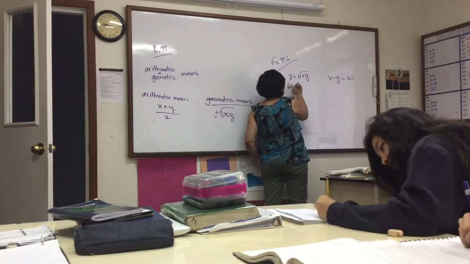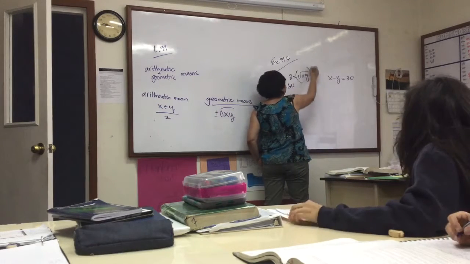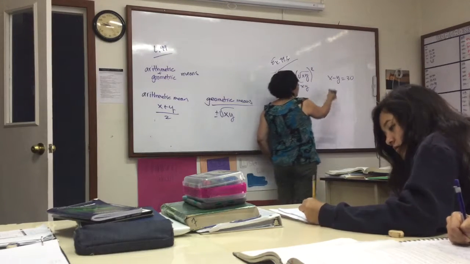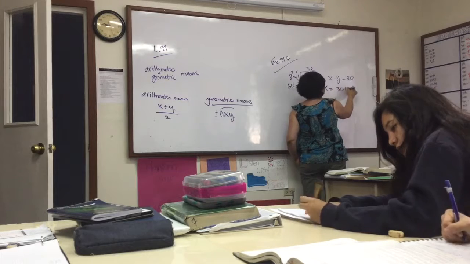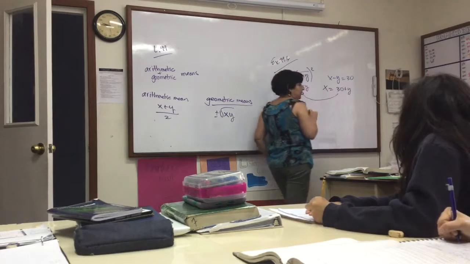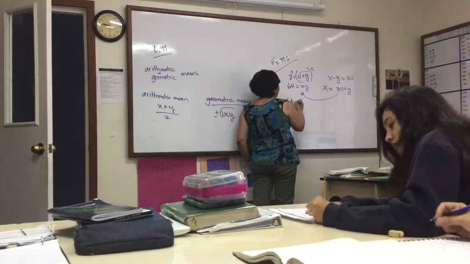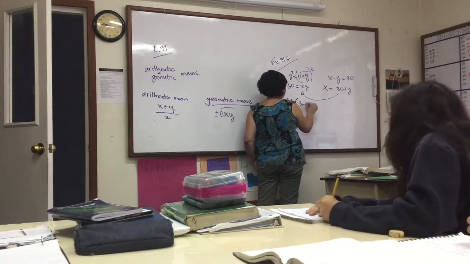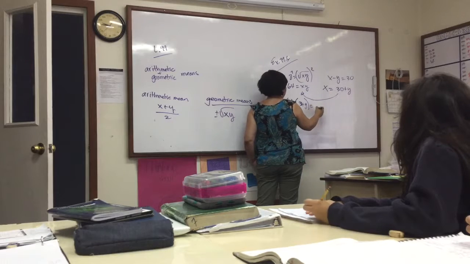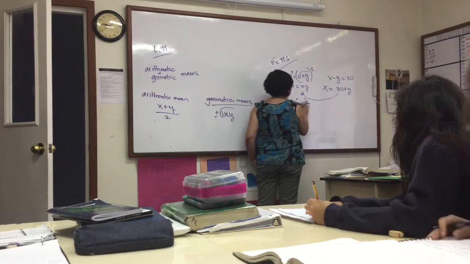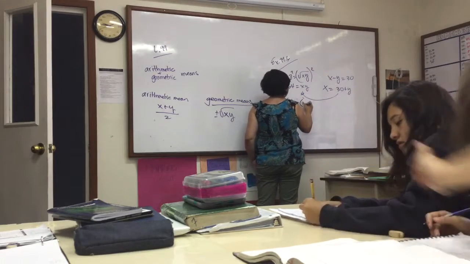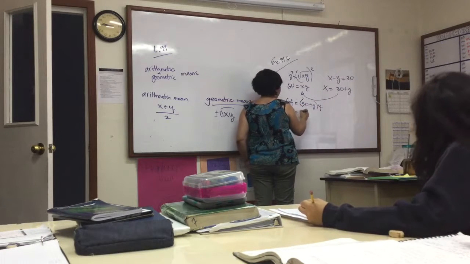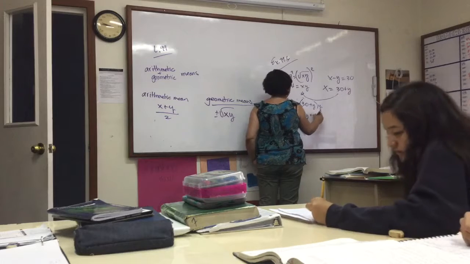Really simple. 64, because I have to raise it, right? So x times y is 64, and x equals 30 plus y. So 64 equals 30 plus y, times y. 64 equals 30y plus y squared.